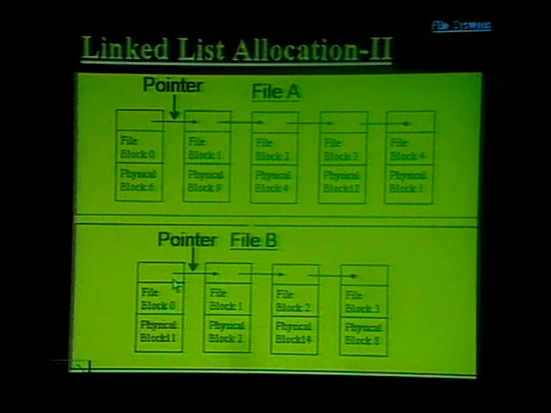And we also see in this file B, we have a pointer from block 0 to block 1, block 1 to block 2, and block 2 to block 3. We saw that the implementation of files using linked lists is different than the contiguous.